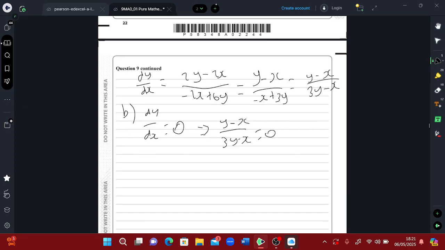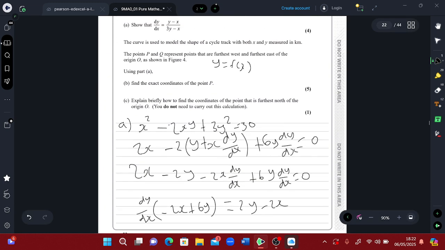Divide by 0, just a no go. So the only way we can ever get 0 from a fraction is if the numerator is 0. So y minus x has to be 0, which means x has to be y. So that's the information we can deduce.